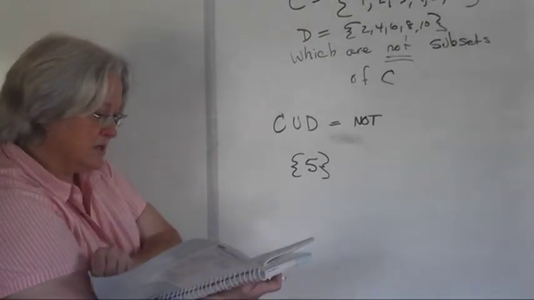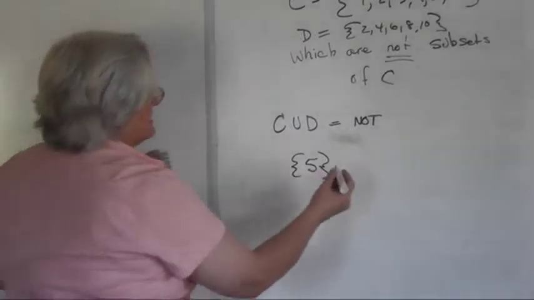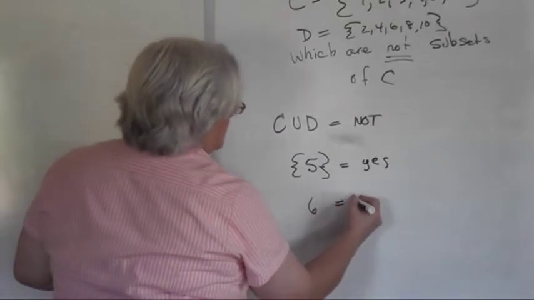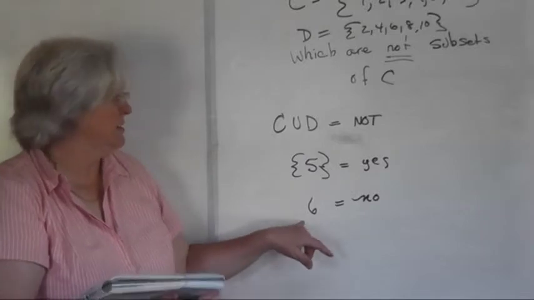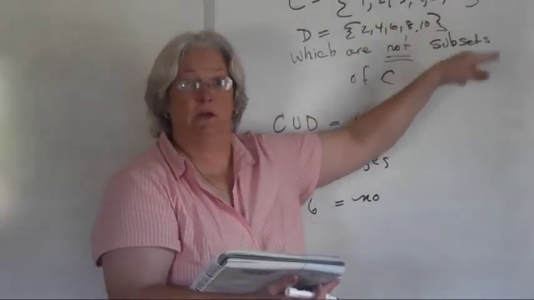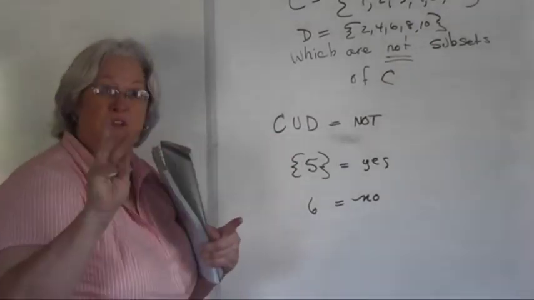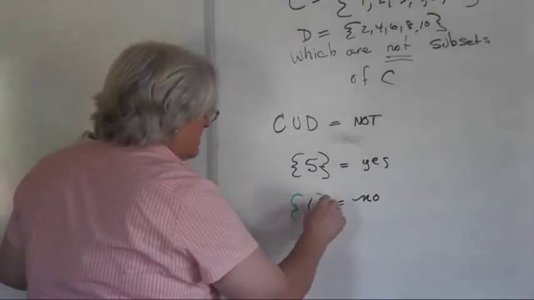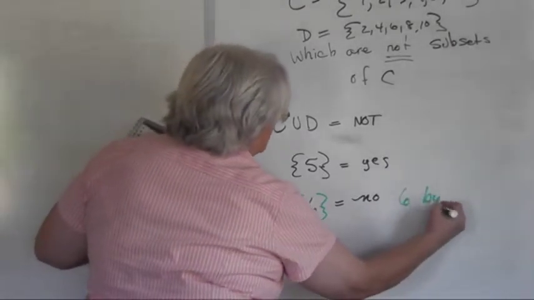Now, what about 6? Is just 6 a subset of C? No. Now why is this not a subset? Look, it's got 6, but what it's missing, and this is being real technical here, is these braces. 6 by itself is not a subset.